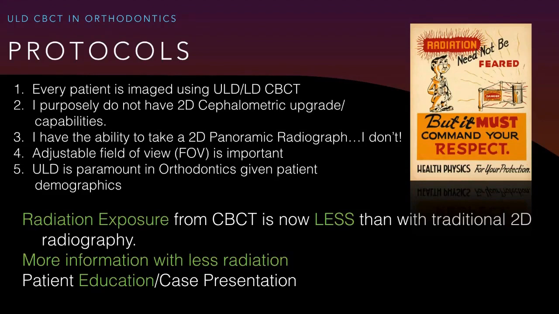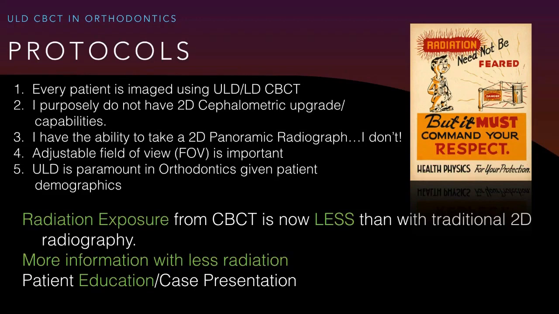I think an important characteristic of a CBCT machine is that you need to be able to adjust the field of view, because that can then decrease the radiation and allows you to focus on specific areas, and most of the reputable companies out there have that capability on their machines. And I think ultra low dose is paramount given the patient demographics that we work with on a daily basis.